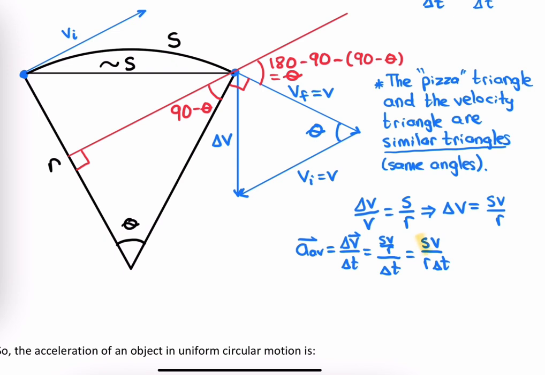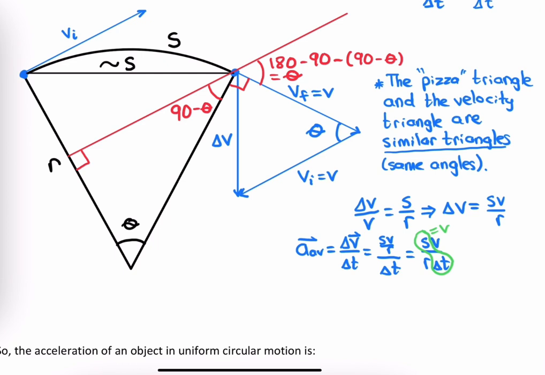S is the distance the object traveled from initial to final. S was the distance it traveled. So what I have in here, S over delta t, is the distance it traveled divided by how long it took to do that. So that is v. The distance divided by the time is the speed.